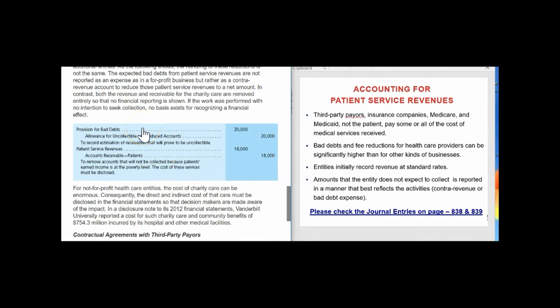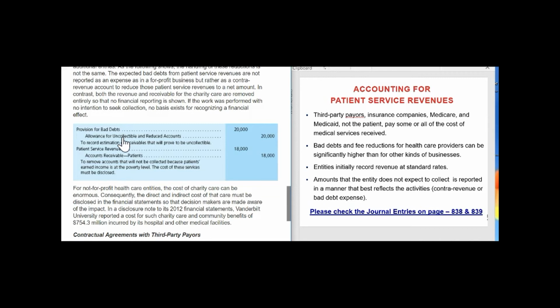First, you will record this as a bad debt, and you are considering it as an allowance. So you're going to record the provision for bad debt, debit 20,000, and then allowance for uncollectible amounts, which is also 20,000. Now again, when they make sure that $18,000 from their accounts receivable will never be collected, they will do the write-off.